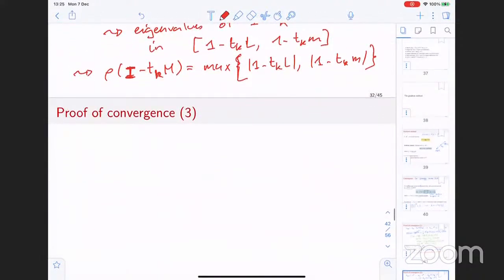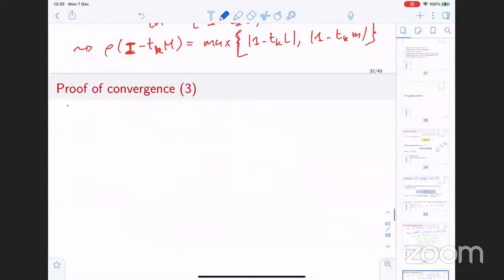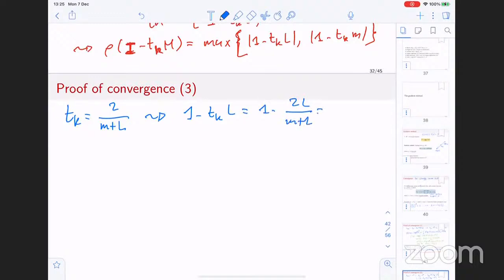Now let's plug in. Recall that we mentioned we are going to use the value t_k equal to 2 divided by m plus big L. For this choice, what we have is 1 minus t_k m, which is equal to 1 minus 2m divided by m plus L. If I take absolute values, you will get exactly L minus m divided by L plus m, which is exactly equal to c minus 1 divided by c plus 1.